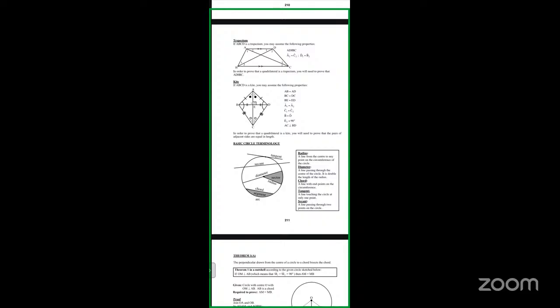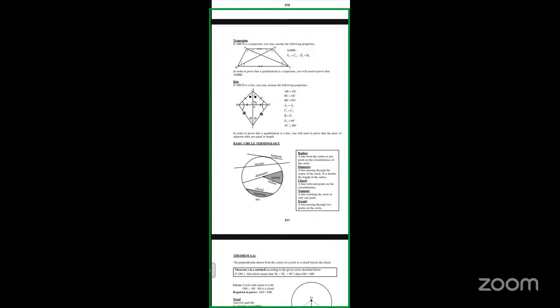Meaning if I'm saying to you, the radius of the circle is x, then diameter is obviously going to be 2x of this circle. But if sometimes you are given a diameter and you want the radius, the radius is just the half of the diameter. If I'm saying the diameter is of the length of 4x, then what's the radius of the circle? The radius is just going to be the half of that 4x, which is just going to be 2x.